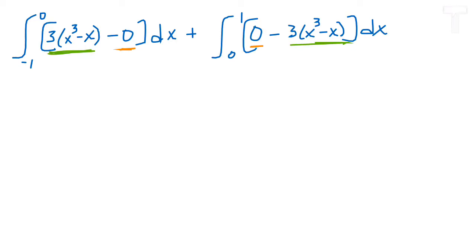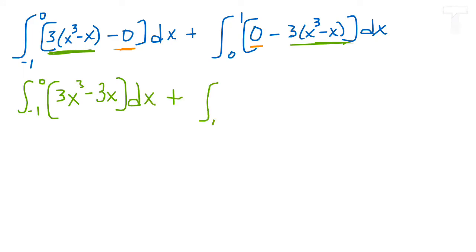And so I can simplify this first piece to just 3x cubed minus 3x. That'll be a lot easier to integrate. And the second one I can simplify to -3x cubed plus 3x. And that'll be a lot easier to integrate.